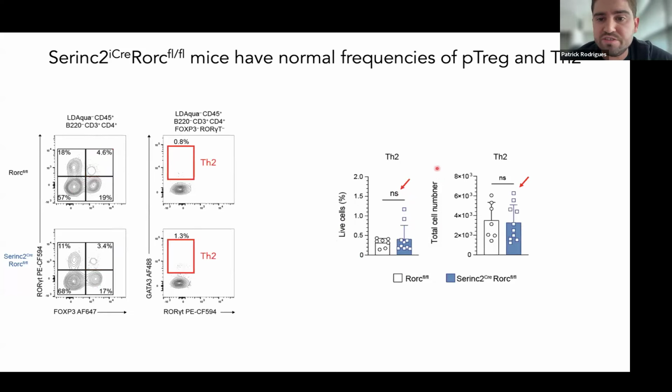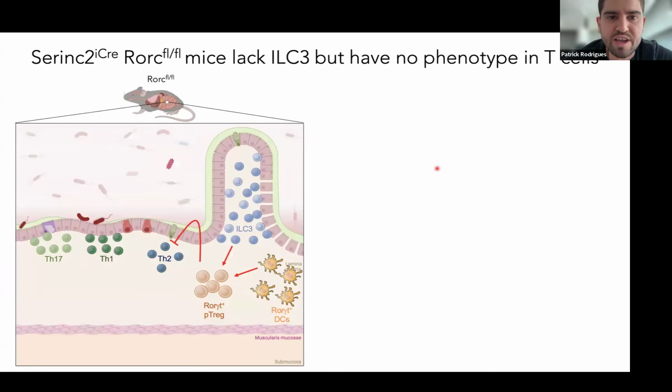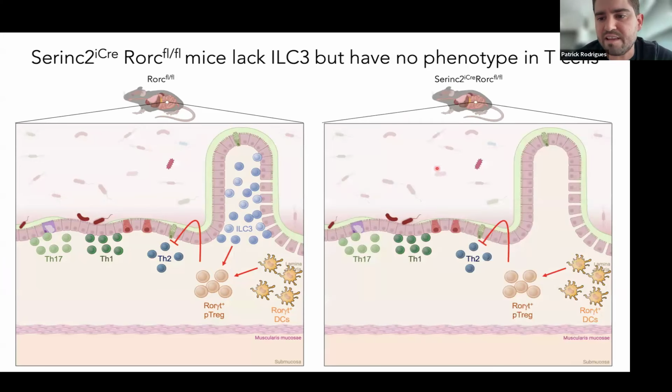We also looked at the Th2 compartment, and there we didn't see an expansion, as we saw with the 7kb enhancer knockout. So, taken together, in our ILC3-specific depleter mouse model we lack the ILC3s, but we still maintain the priming of the peripheral Tregs and the immune suppression towards the Th2 compartment.